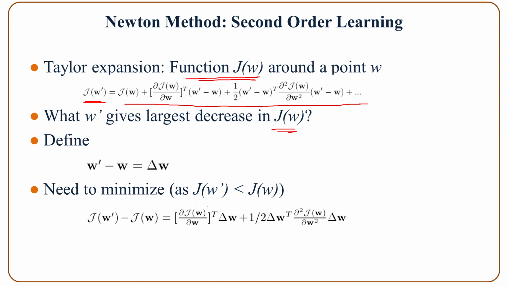So first we define delta W, which is W prime minus W. And then we minimize this.